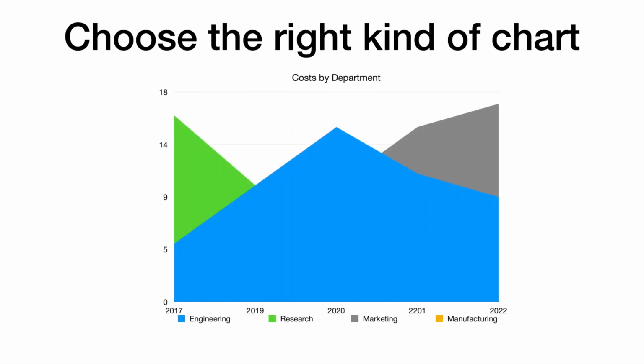This chart here is not only less useful, it's actually quite useless, because some of the information is just missing altogether. We can't even see the manufacturing information because it's obscured behind all of the engineering data. So some data is completely missing from this. It looks pretty, but it doesn't do its job at all.